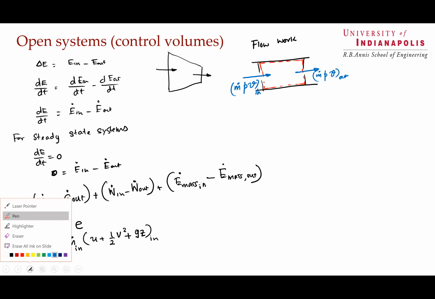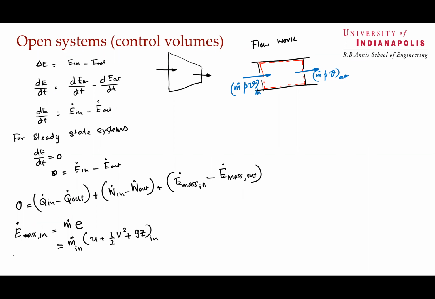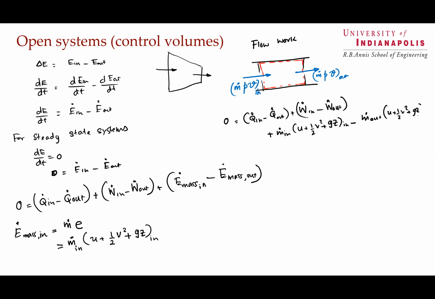Because of the flow, the equation looks like 0 equals Q dot in minus Q dot out plus W dot in minus W dot out, and then you have m dot in times (u plus half V squared plus gz) in, minus m dot out times (u plus half V squared plus gz) out.